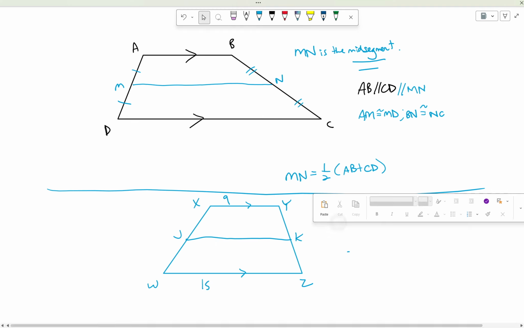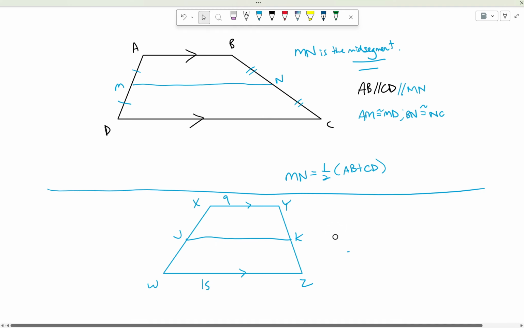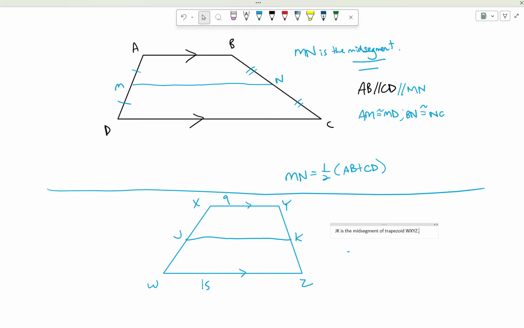And what I'm told here is that JK is the mid-segment of trapezoid WXYZ. What does that mean? Well, we're going to find JK here.